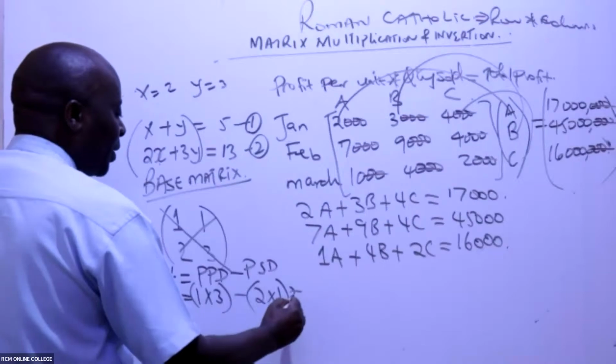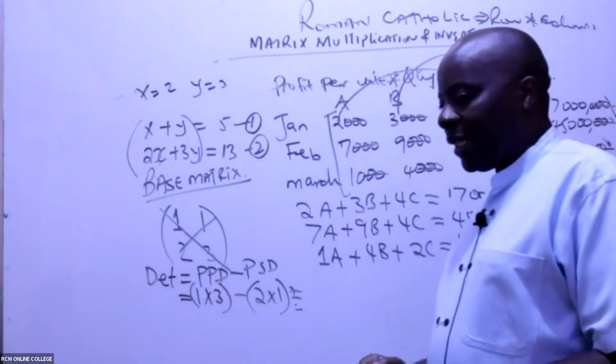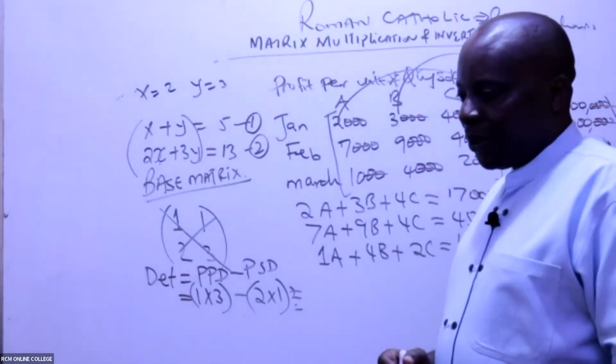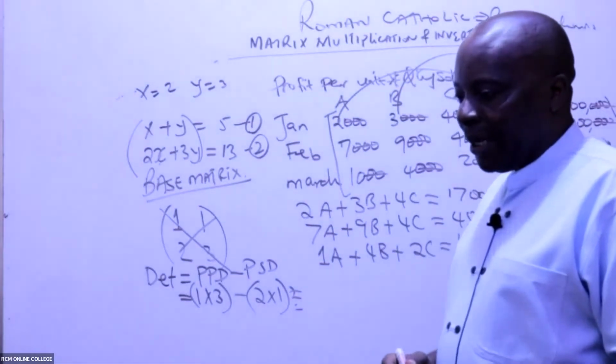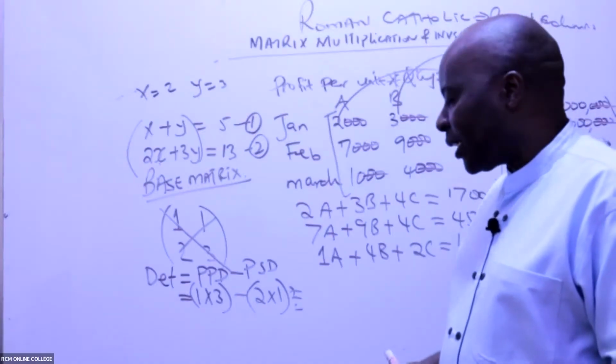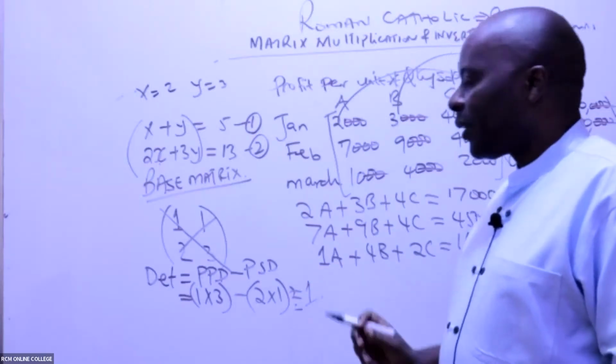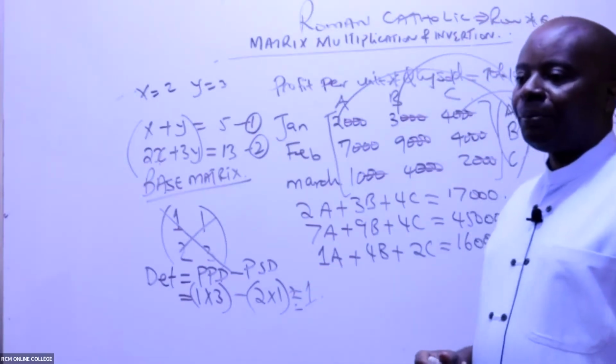So what do I have here as the determinant? I'm being given answers by Elvis there. So the determinant of the base is 1.